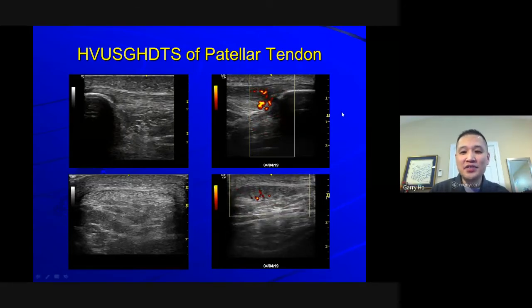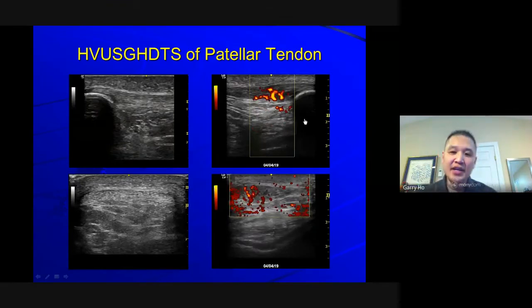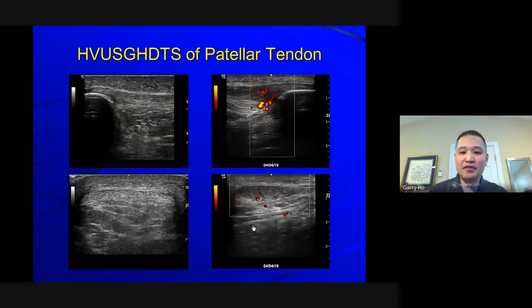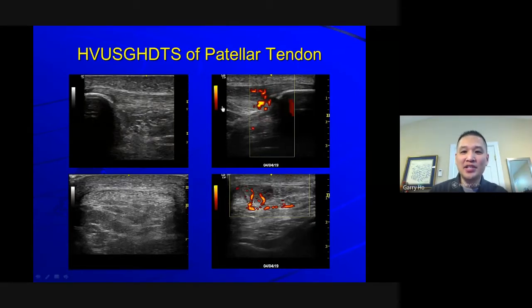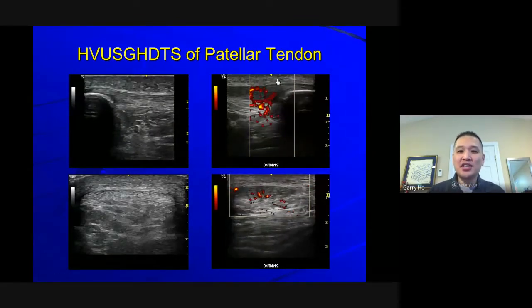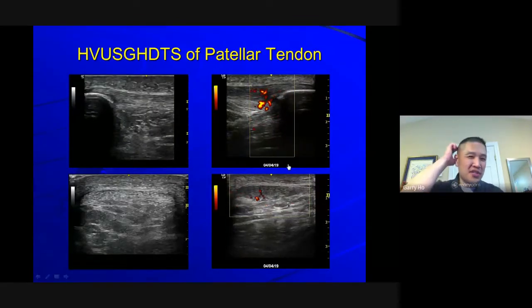This is actually interesting. This is a patient who was already previously treated with PRP and came to see me asking if I was interested in this procedure, requesting the hydrodissection and scraping for it. So some of this is actually hyperemia from the PRP, which was 6 weeks out.